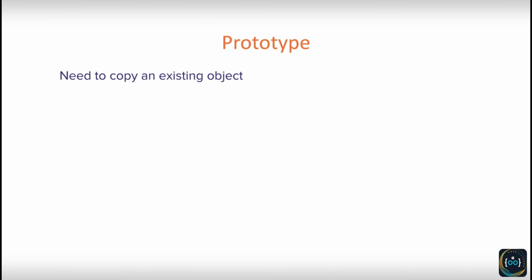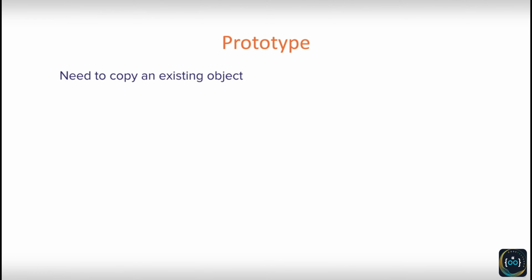All right, the last of the creational patterns that we're going to talk about is the prototype. Now, here is the problem that this is trying to solve. So let's say in our code, we have some existing object. It can be of pretty much any complexity. And for some reason, we need a copy of that object.